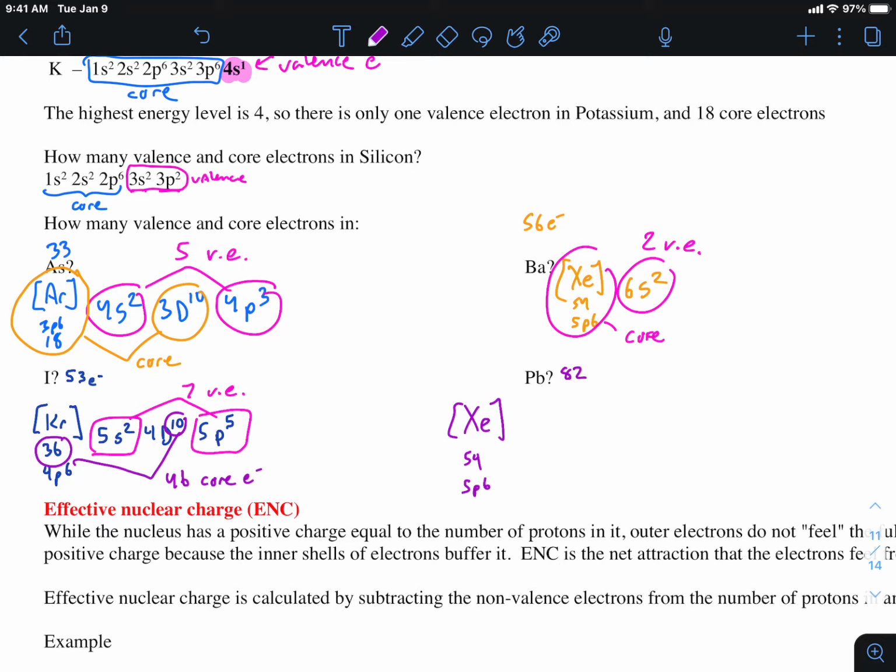This one involves a little more work, even if it's shorthand. Do we have any guesses? How many valence electrons are we talking about here? Yeah. 4. Yeah, good, 4.